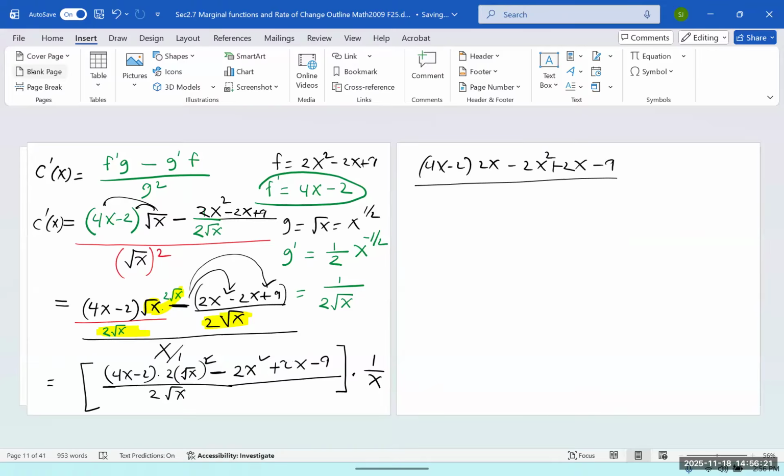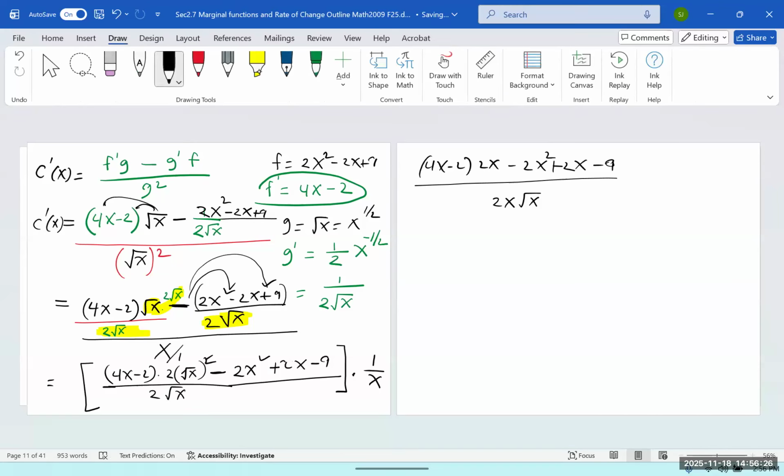And in the denominator we have 2x times square root of x. You multiply this with that, you get the denominator. And now we can distribute without any problem. We get 4 times 2, 8x squared minus 4x minus 2x squared plus 2x minus 9. You can combine the denominator, but you don't have to. You can just leave it alone.